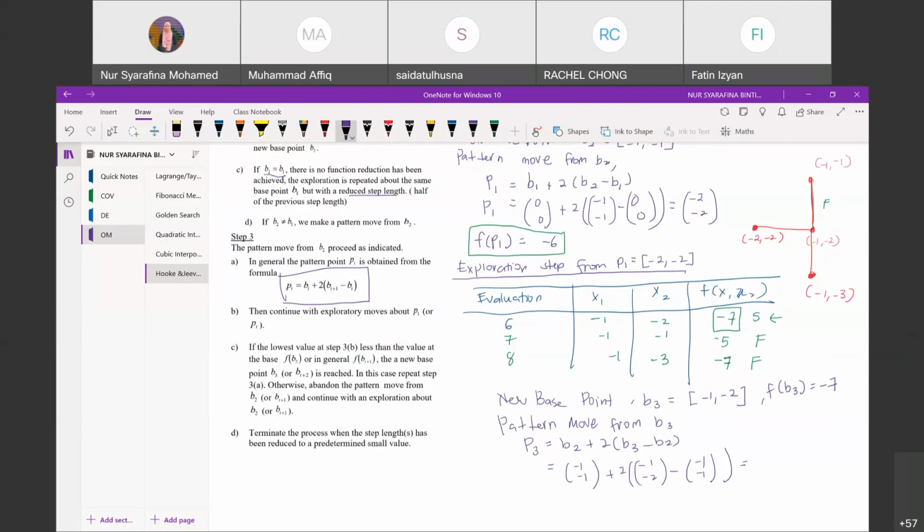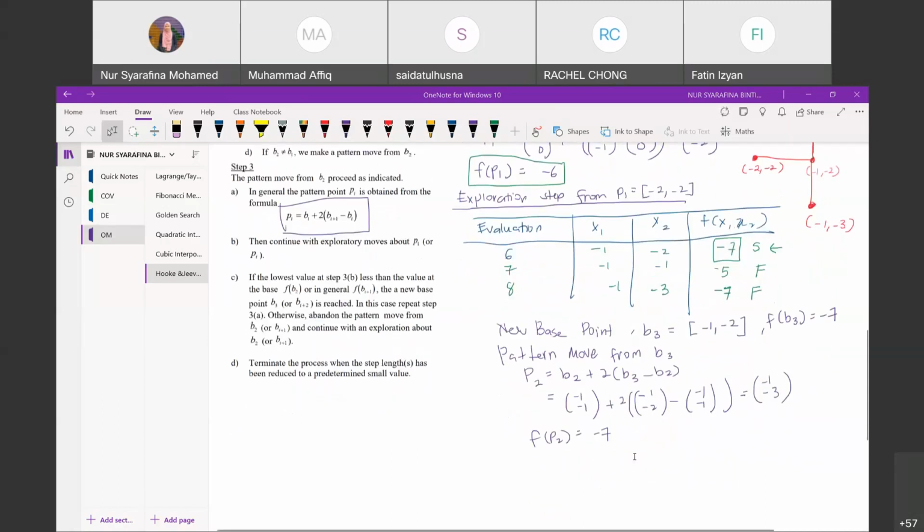P2, right? P2 equals to -1, -3, where FP2 here is -7. All right, then proceed. We don't have enough time, but at least I want to show you up until reduce step length. Okay, now you understand, you can go faster.